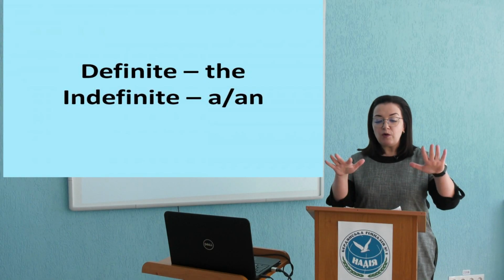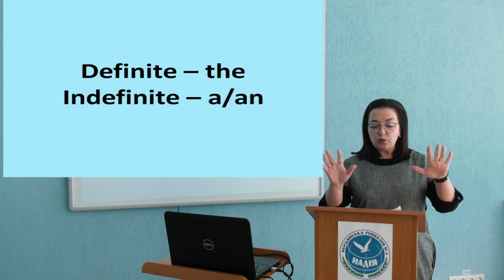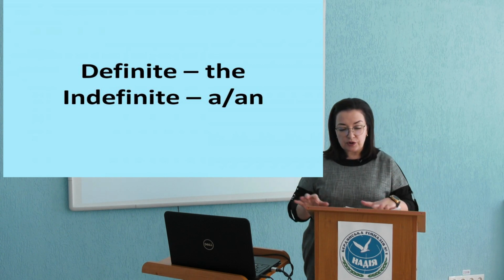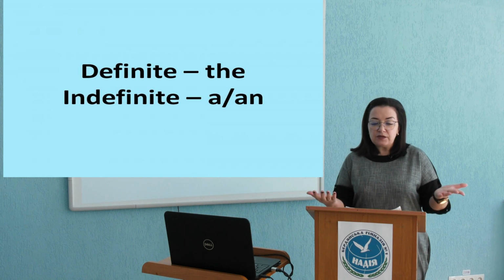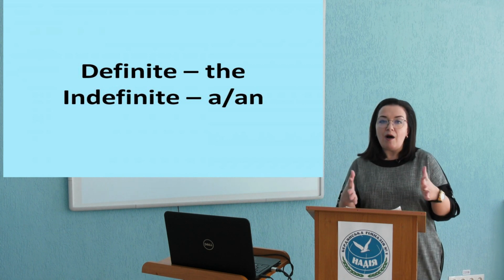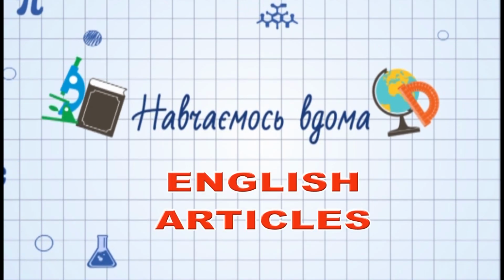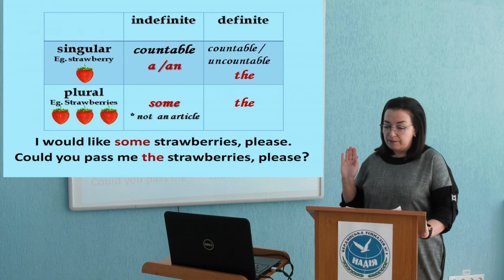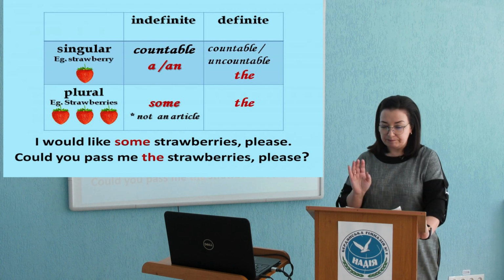The type of noun is important as well. So, there are two types of articles in English, definite and indefinite. And it's probably easier for me to show you how they work. This table will help to make it a little easier.